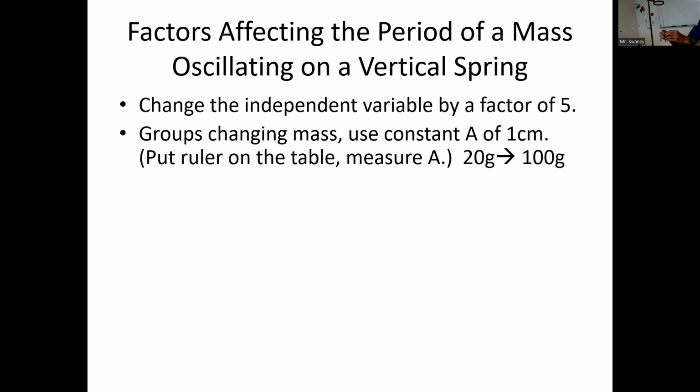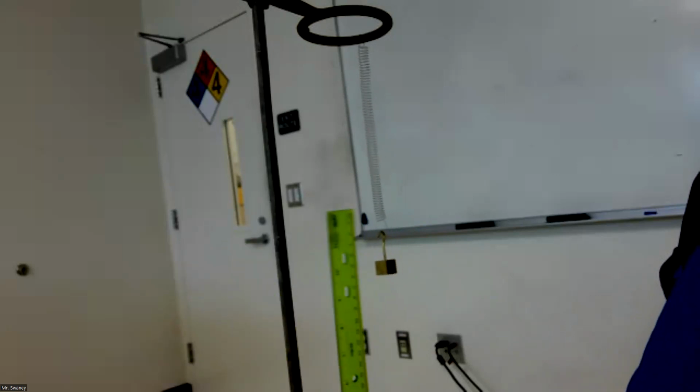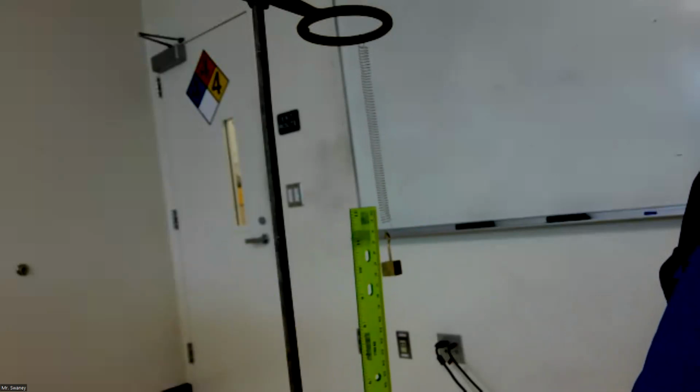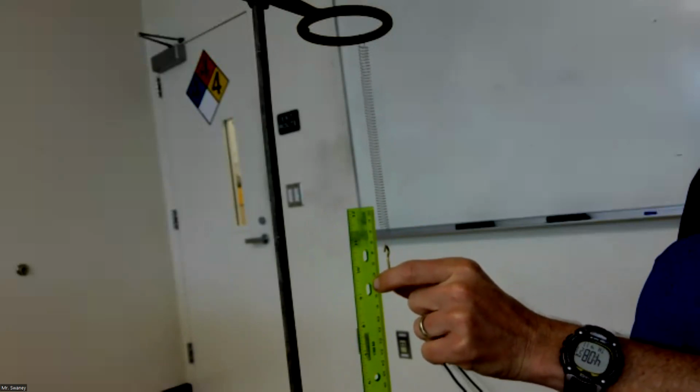So these groups are going to start with, say, 20 grams on here. So again, use the ruler. I would use the bottom of the mass, make sure it's not moving. Pull it down 1 centimeter. I'm not going to get a good 1 centimeter because I'm going fast here, but you're going to have it oscillate.